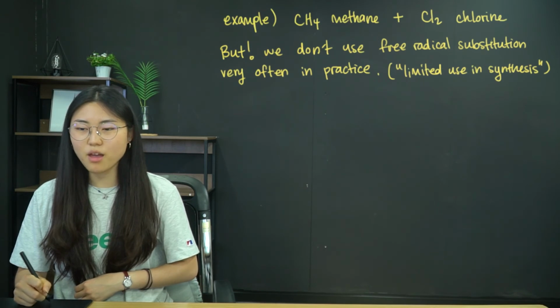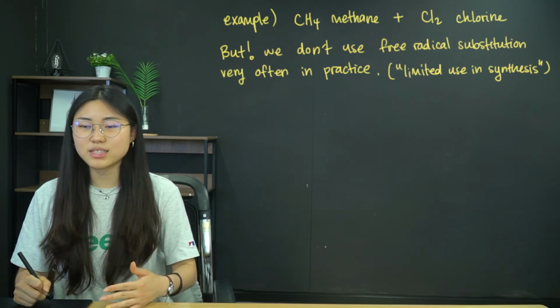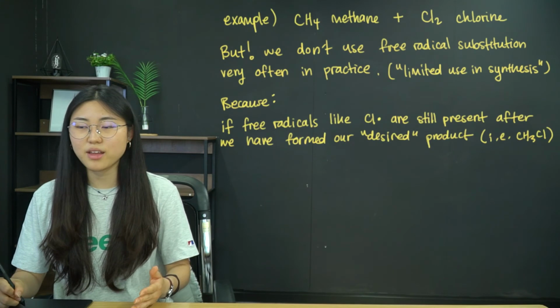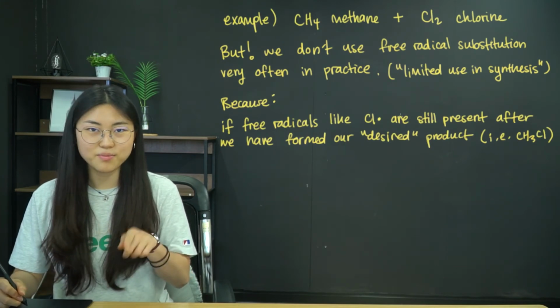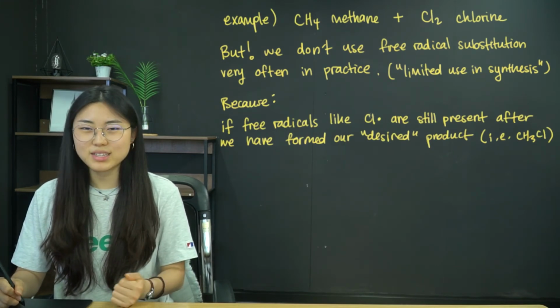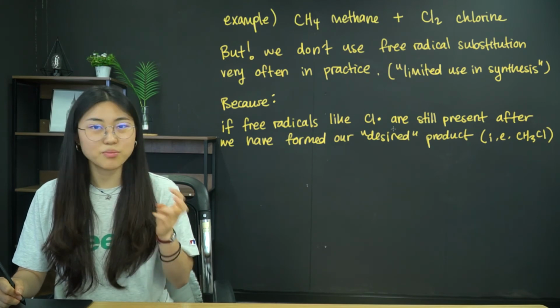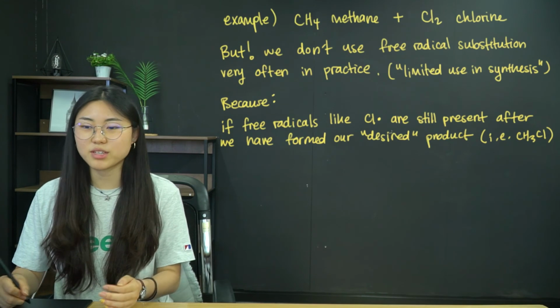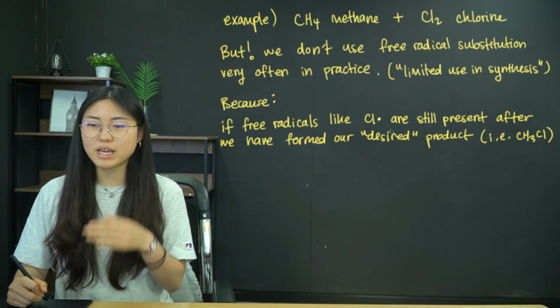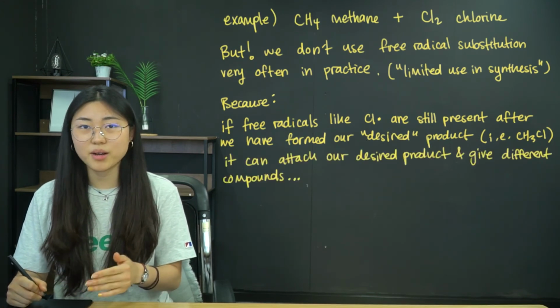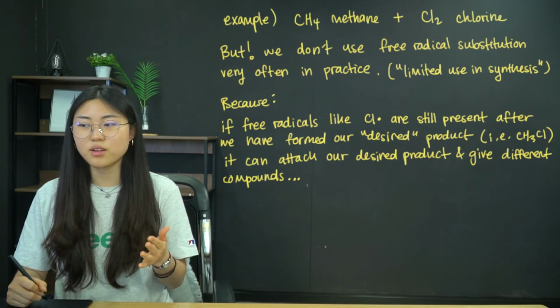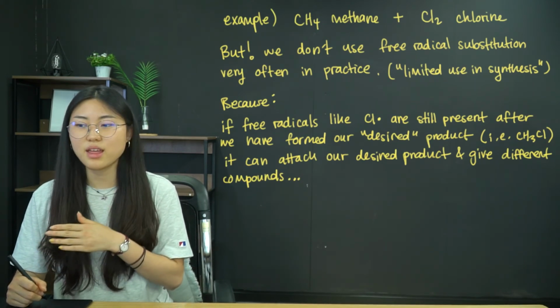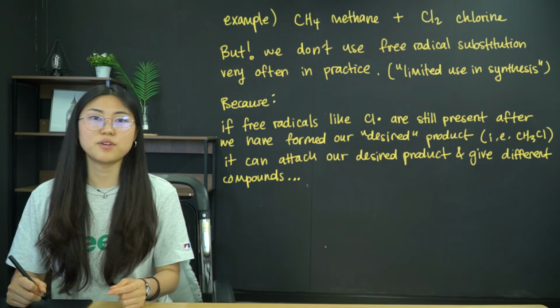This is because if free radicals like the chlorine free radical are still present after we have formed our desired product, like chloromethane, if that was our desired product, it can still attack our desired product, so the chlorine free radical attacks the chloromethane that has formed, and gives different compounds.